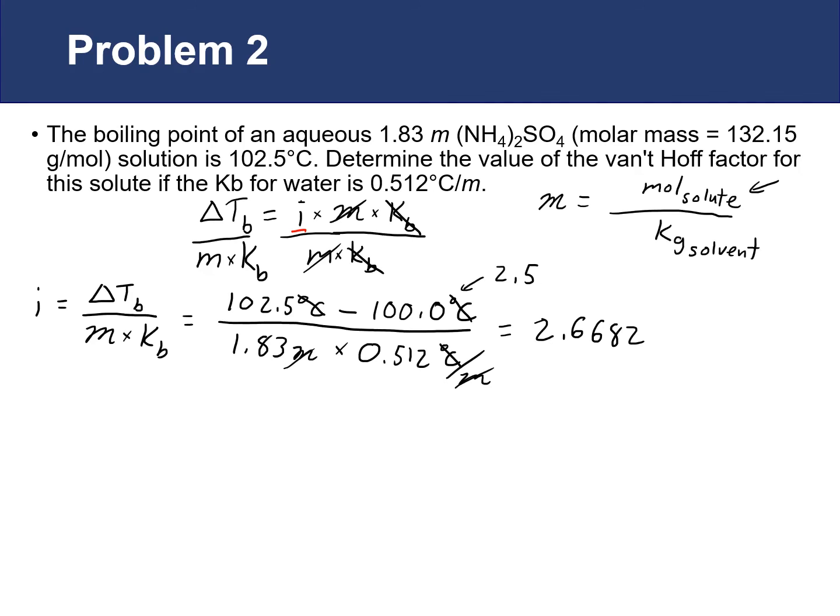So you're looking at 2 sig figs in the numerator, 3 sig figs in the denominator. Your end answer should have 2 significant figures. So this leaves us with an answer of 2.7.